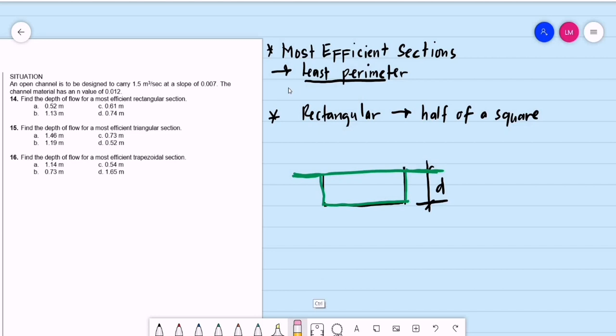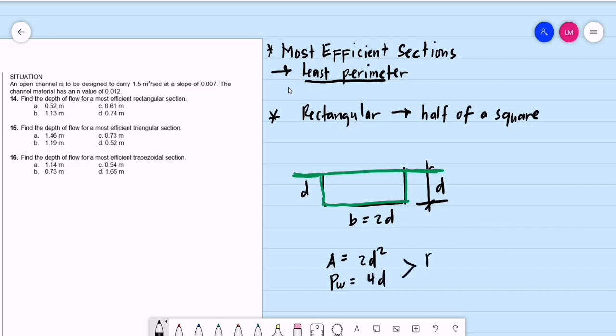Therefore, the base will be twice the depth. What will be the resulting area? The area is equal to 2D times D, that is 2D squared. What will be the resulting wetted perimeter? We have D on both sides, then 2D on the base, that is the same as 4D.